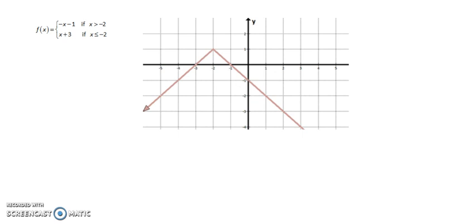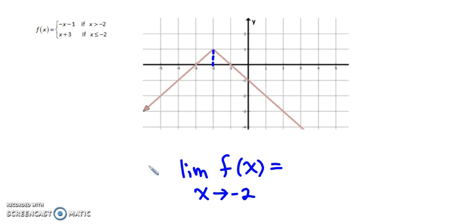What I want you to consider is the limit of f of x as x approaches negative 2. So x equals negative 2 is right here. And if we consider the left side of f of x, there it is.